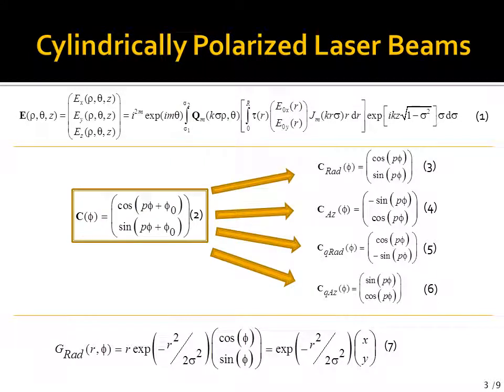The Cartesian components of the electric component of the monochromatic electromagnetic field in the focal region during axicon focusing can be represented in the following form: equation 1.